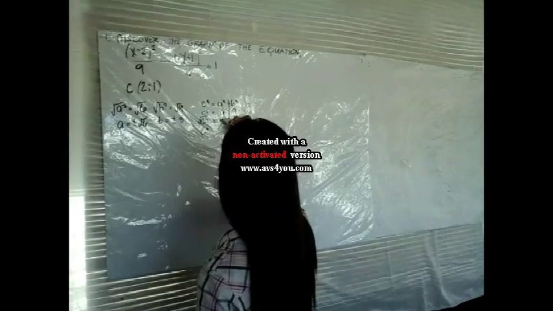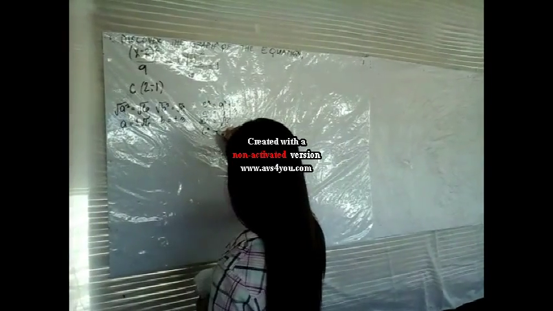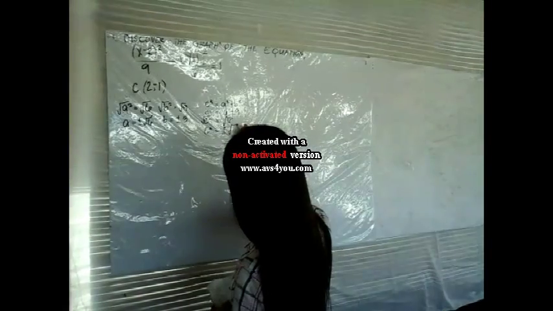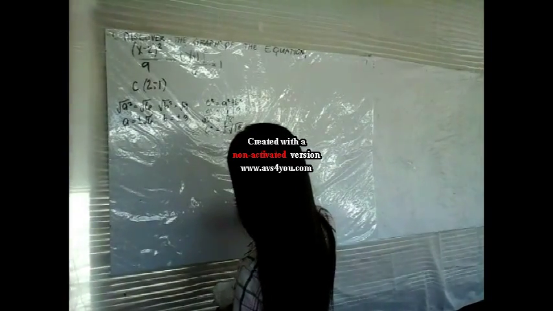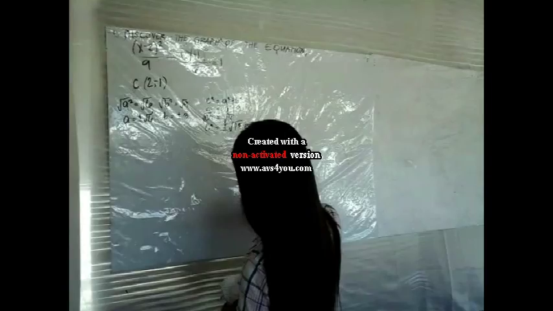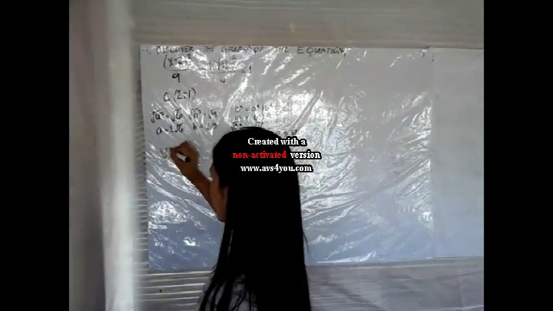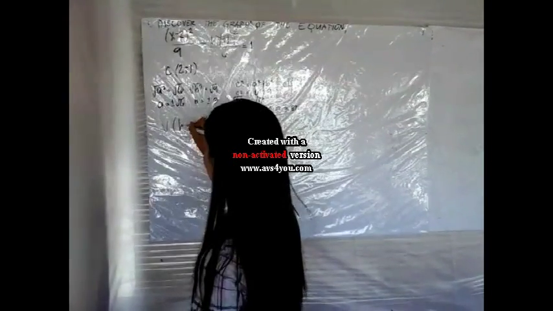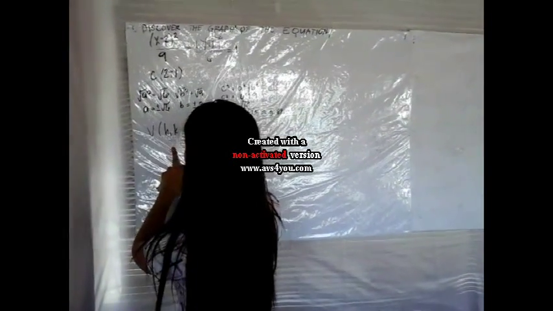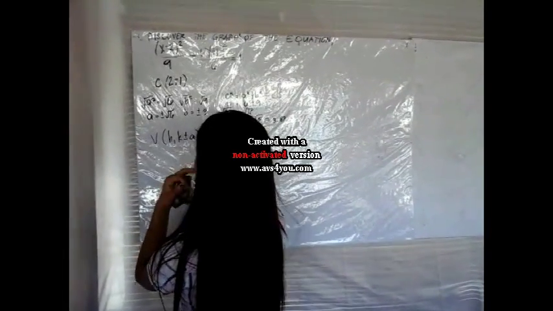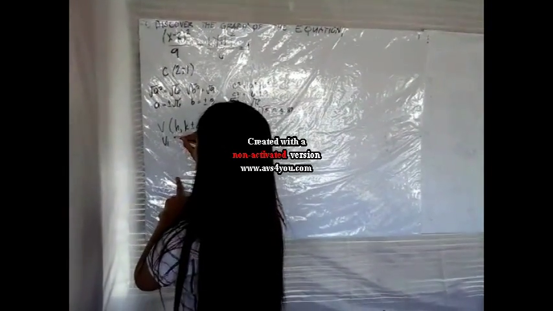By taking the square root, c is positive negative square root of 15, approximately 3.87.